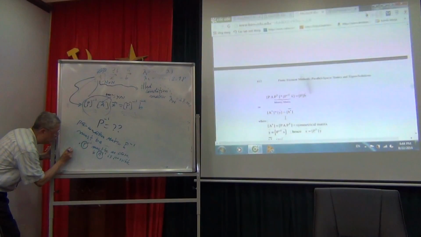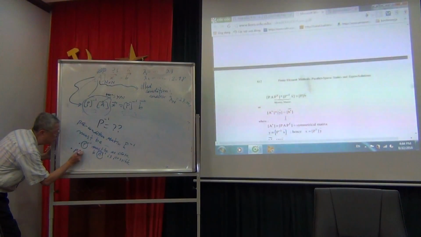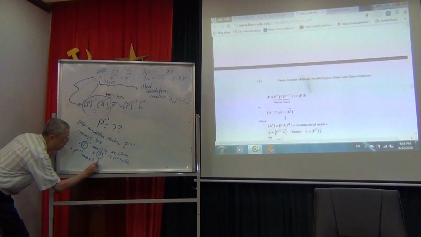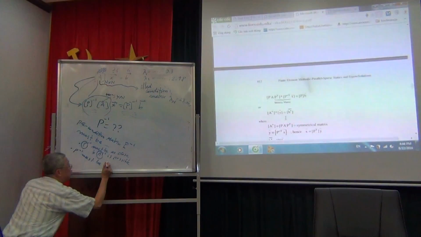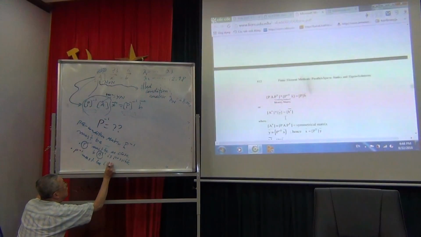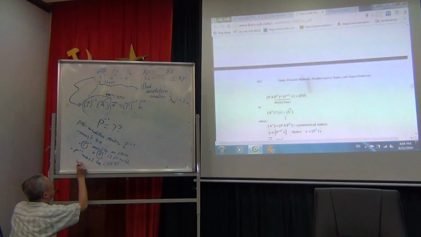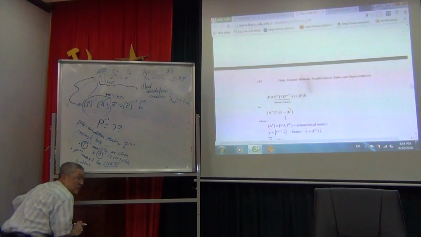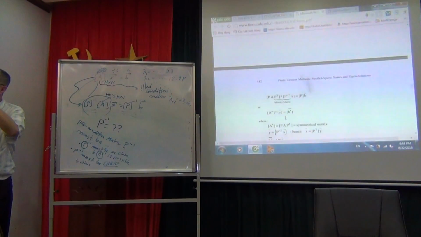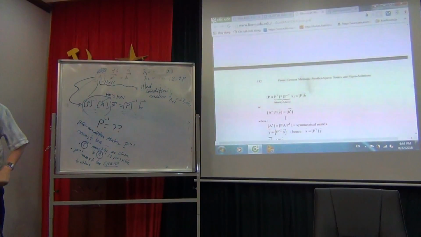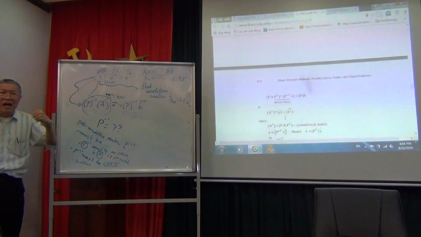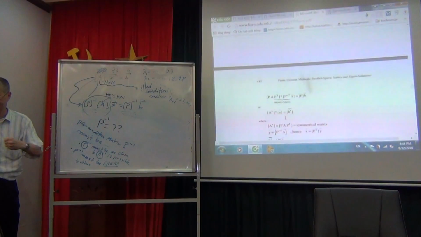The second criteria is P inverse must be cheap to obtain. So you have two criteria. Now here's the bad news. These two criteria are in conflict with each other.